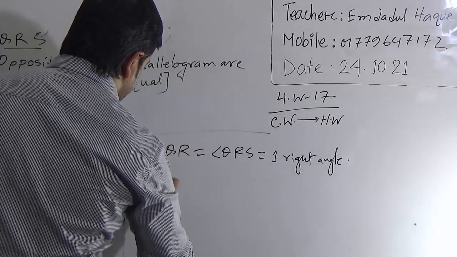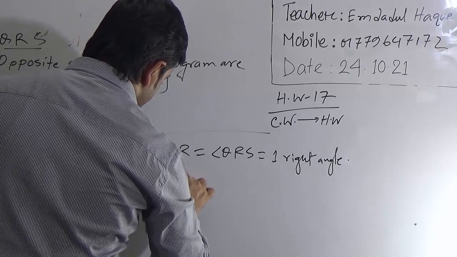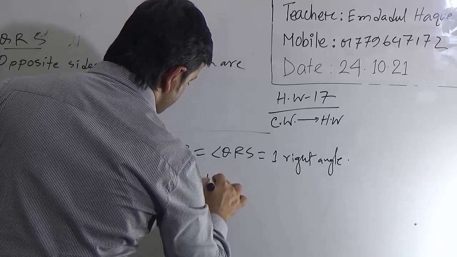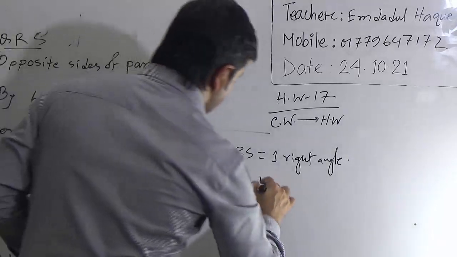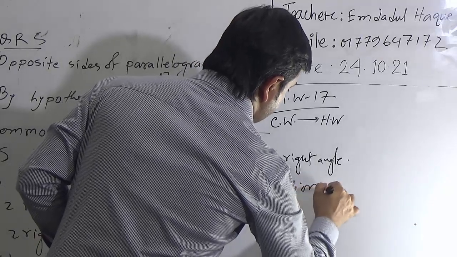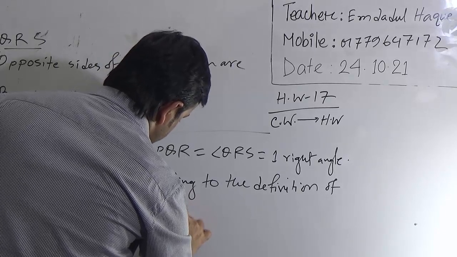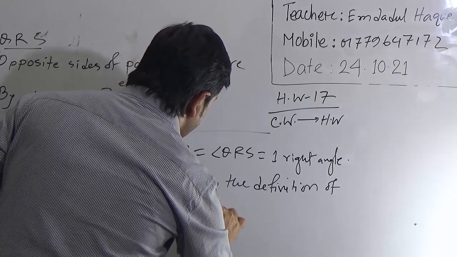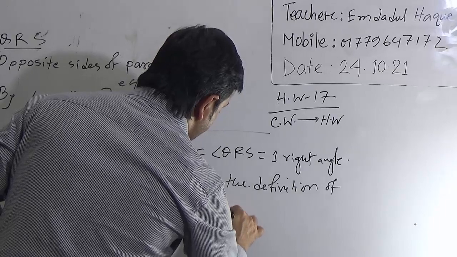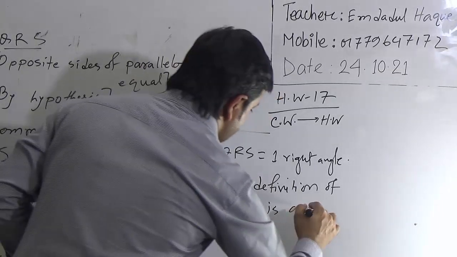We can write according to the definition of rectangle: PQRS is a rectangle.